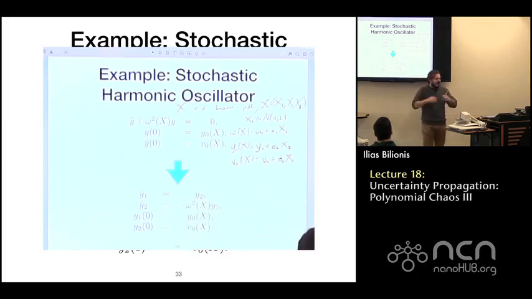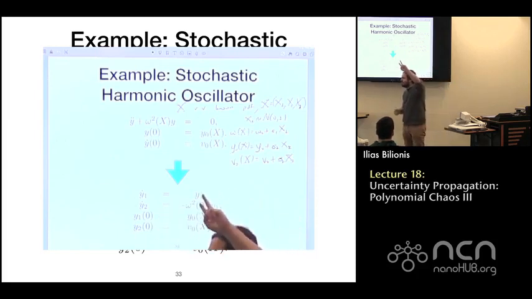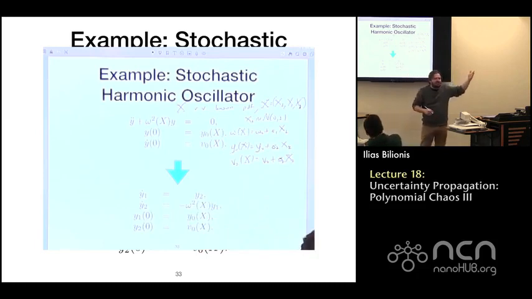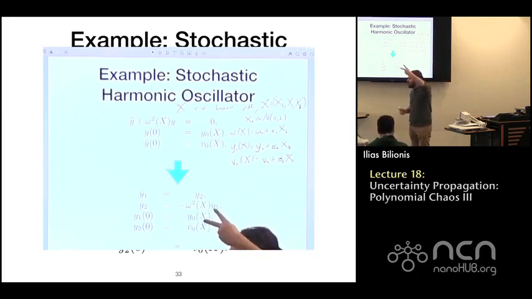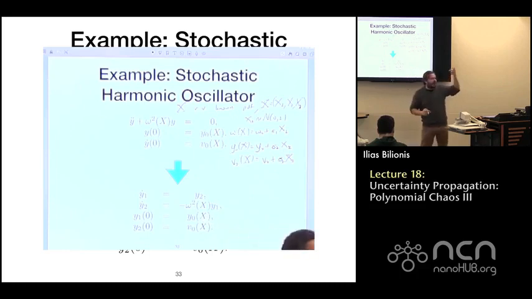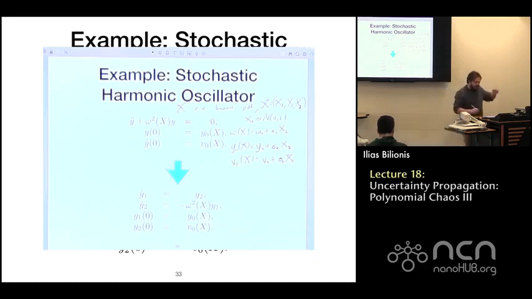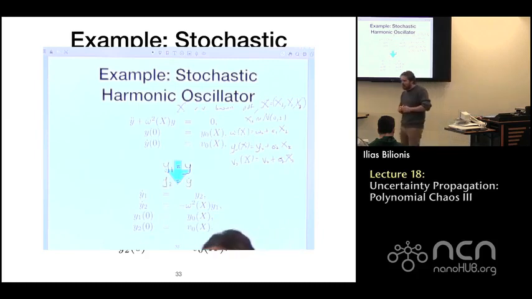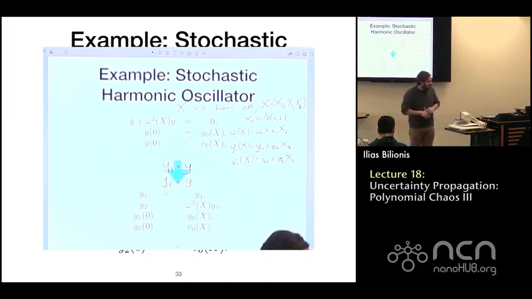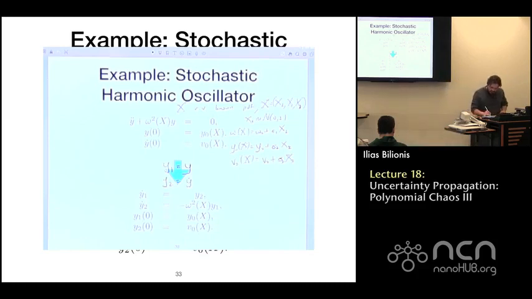I have a second order differential equation, so let me define a dynamical system with two variables. The first variable, y1, is just my original y. And then y2 is going to be the derivative of y1.